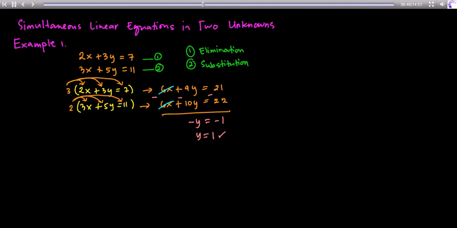So 2x plus 3 times 1 is equal to 7. So 2x plus 3 equals 7, or 2x equals 7 minus 3. So 2x is equal to 4, or x is equal to 2.